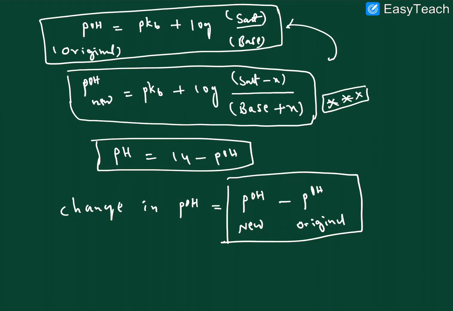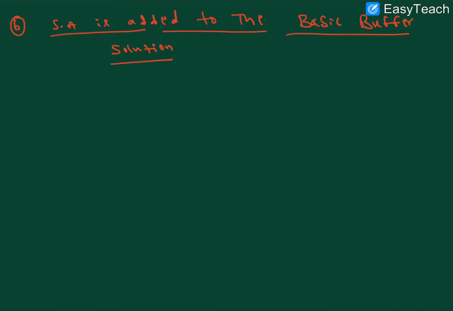So this is the formula. I hope it is clear. This relates to whenever we add a base to the basic buffer solution. Next one, acid added to the basic buffer solution.